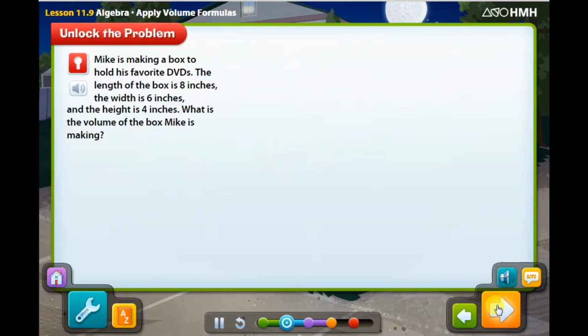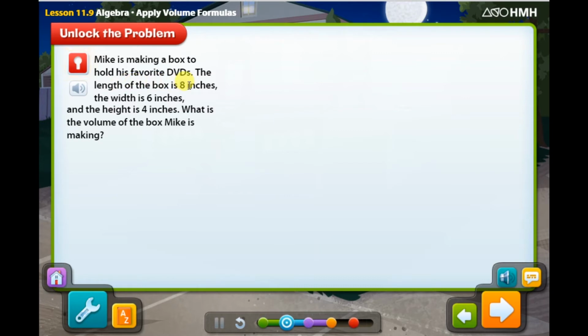So let's find the volume of a rectangular prism. Mike is making a box to hold his favorite DVDs. The length of the box is 8 inches. The width is 6 inches, and the height is 4 inches. What is the volume of the box Mike is making? Let's unlock this problem. So first, what are the givens here in this example?